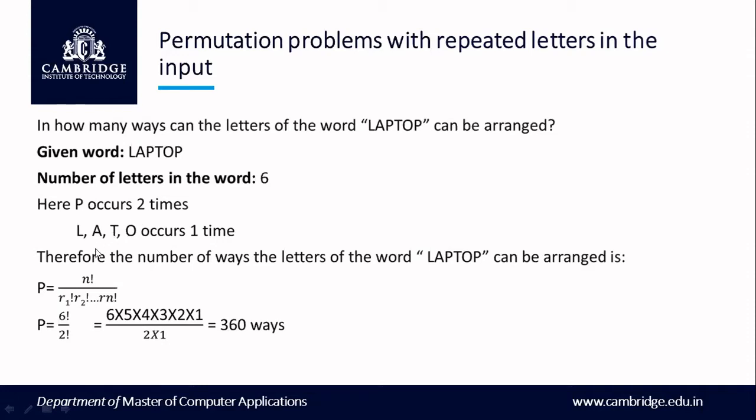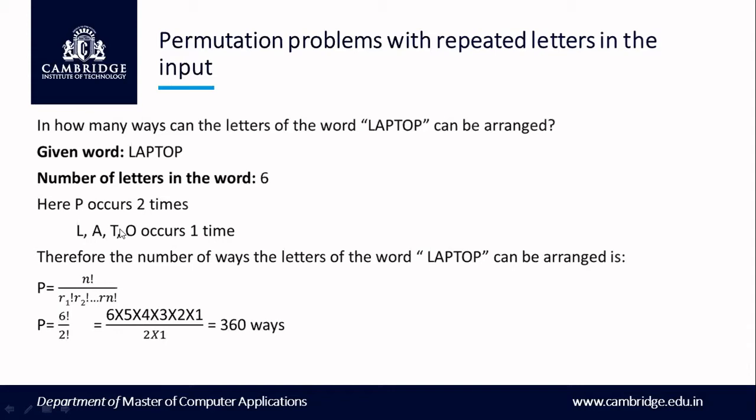So therefore, the number of ways the letters of the word laptop can be arranged, we are going to use a formula P equal to n factorial by R1 factorial, R2 factorial, etc. up to Rn factorial. So what is this n? N is 6. So 6 factorial divided by how many alphabets are repeated, how many times, that is taken as R1, R2, R3.